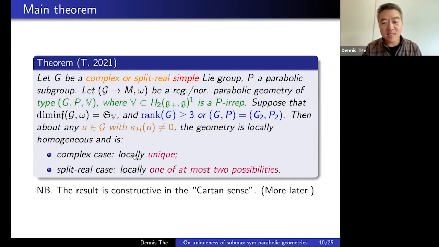In the split real case, locally, it's one of at most 2 possibilities. Okay, and this result is constructive in the Cartan sense. I could give you those models. I have to tell you what I mean by this Cartan sense. Okay, so that's the result, a basically unique uniqueness result for submaximally symmetric structures, modulo these hypotheses.